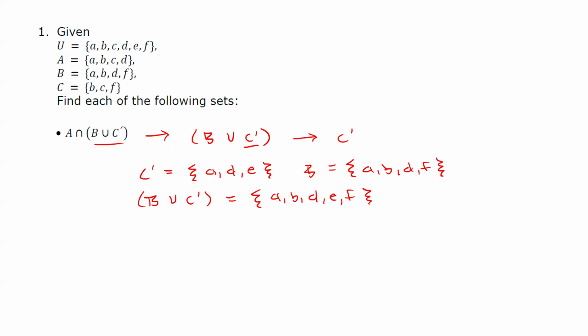So now we'll take this union and find the intersection it has with set A. And set A is the elements A, B, C, and D. So A intersect with the union of B and the complement of C is going to be the elements A, B, and D, because that is all that these two sets have in common.